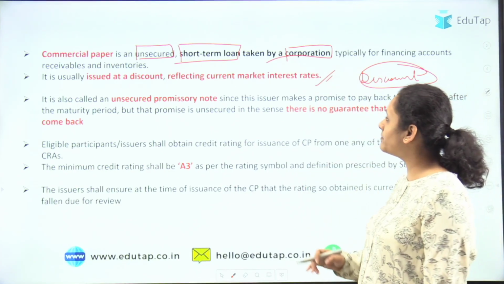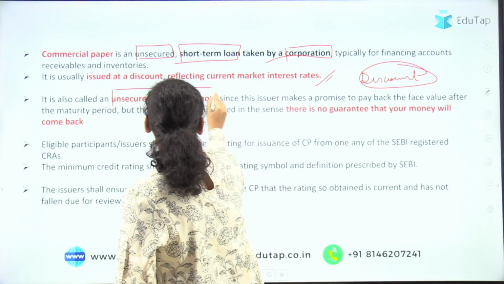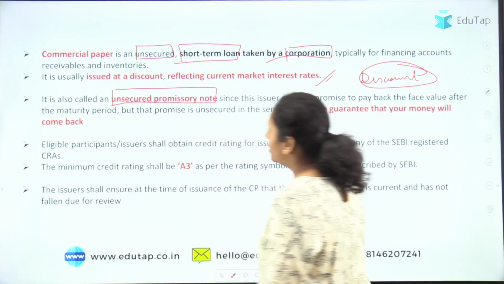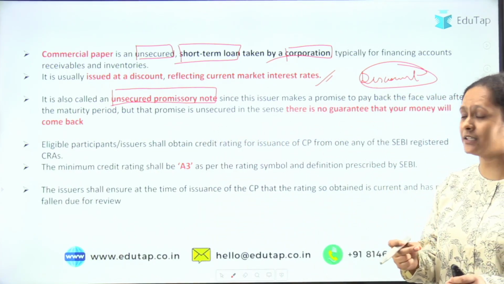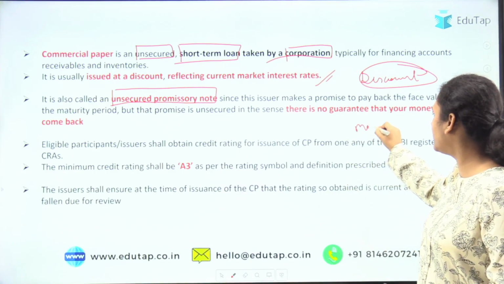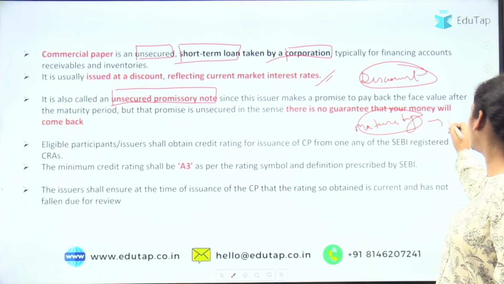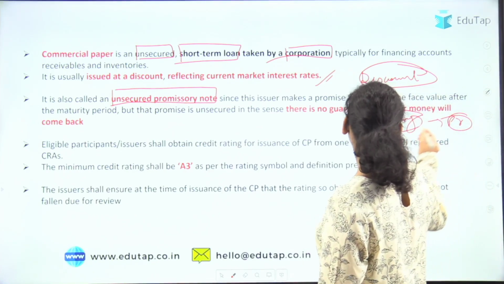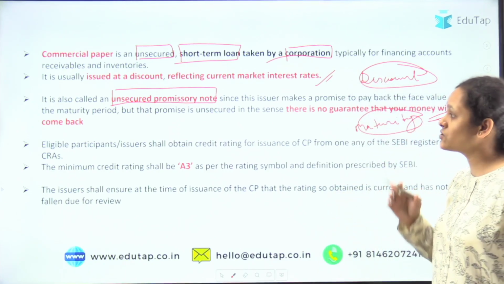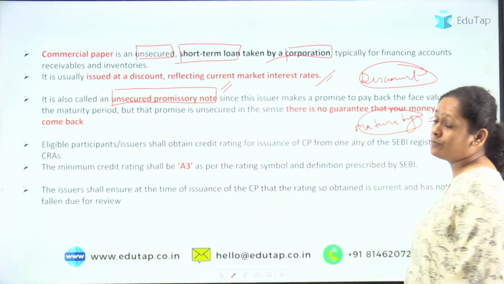And please keep in mind that these commercial papers are also known as unsecured promissory notes. क्यों unsecured promissory कहते हैं? क्योंकि ये तो पता रहता है कि भाई at maturity you will receive the face value or the principal back, but there is no guarantee that the money you invested will come back. So that is the reason they are called unsecured promissory notes.